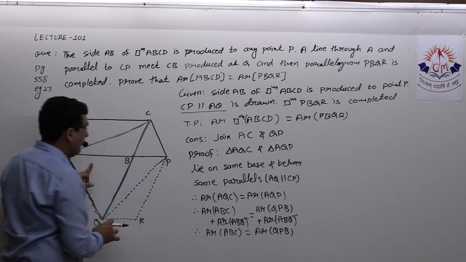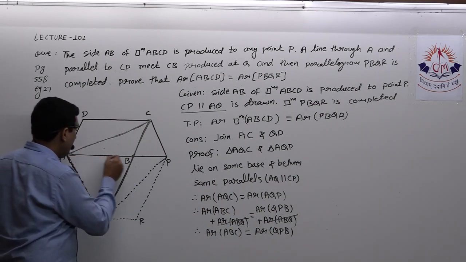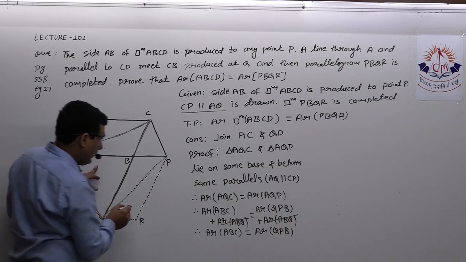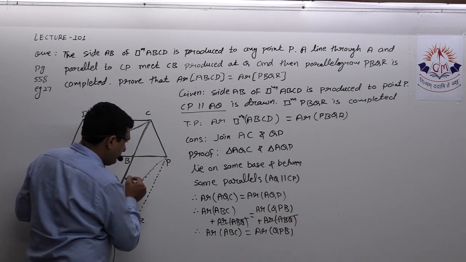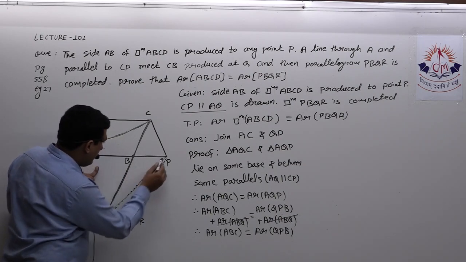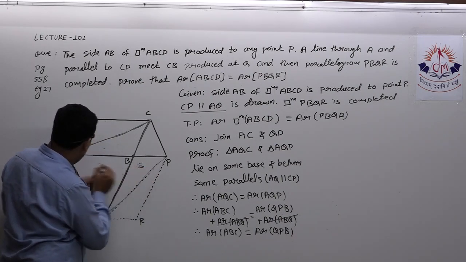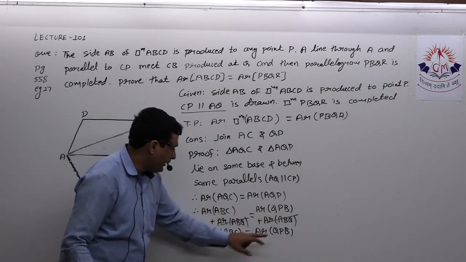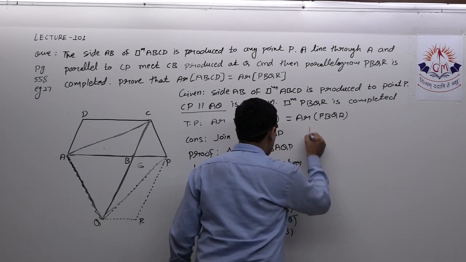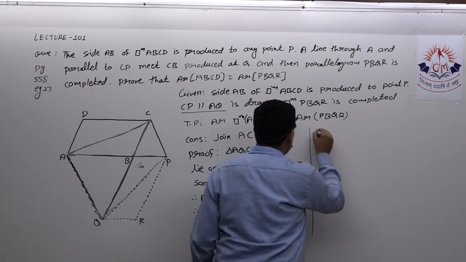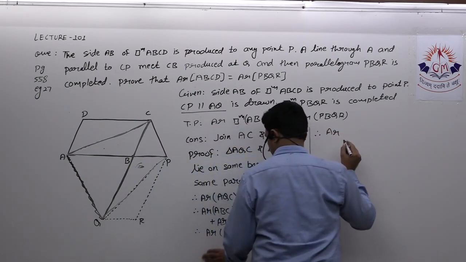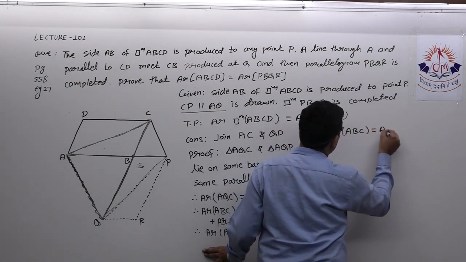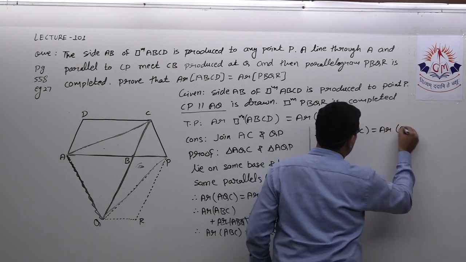Similarly, instead of writing AQP, I wrote QPB plus ABQ, and ABQ I cancel, so I am left with ABC equal to QPB. Therefore, area ABC is equal to area QPB.